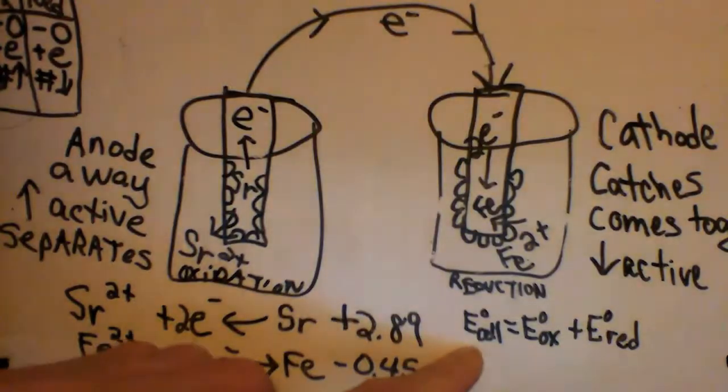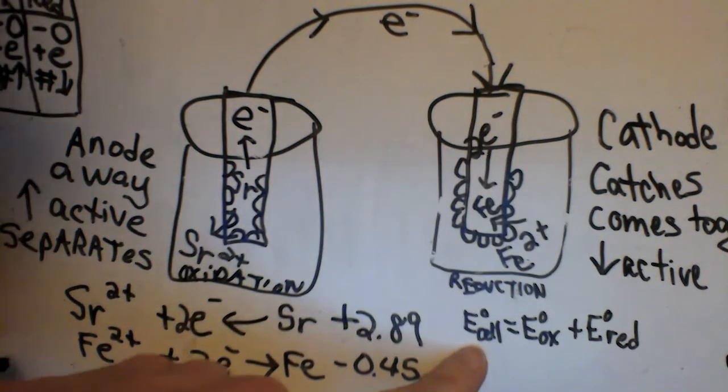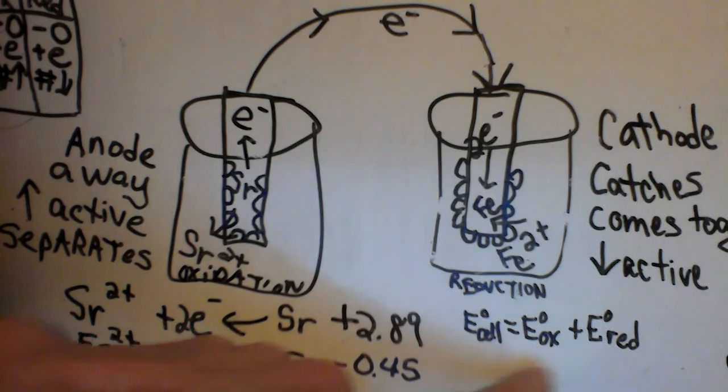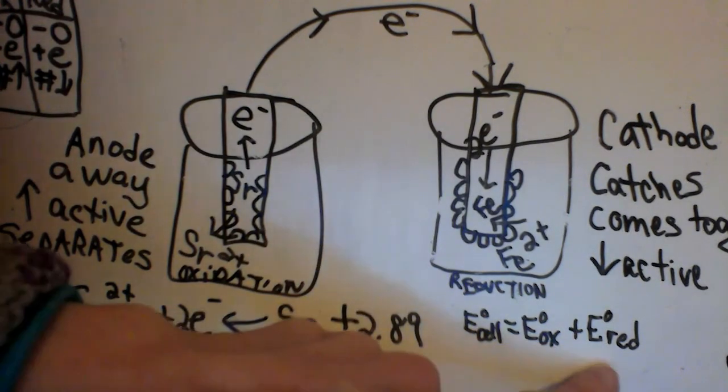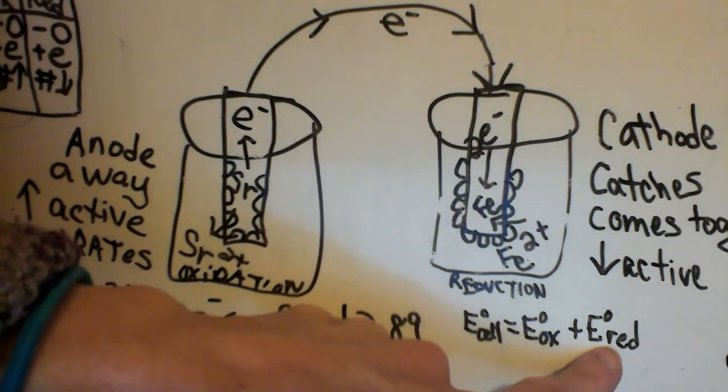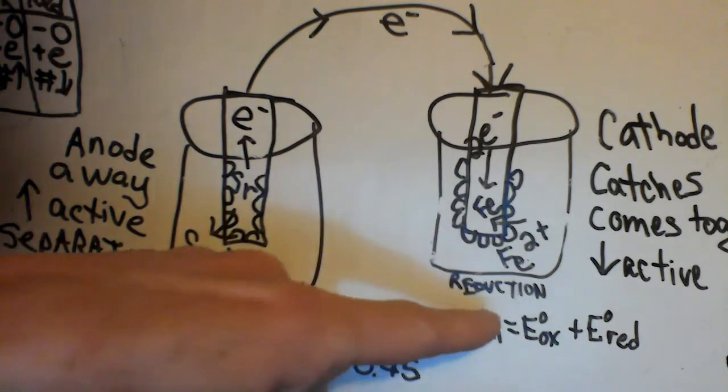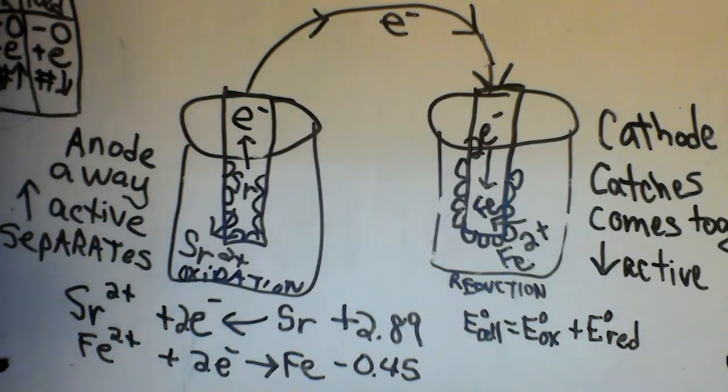So here's the formula. The standard potential of the cell is equal to the oxidation potential plus the reduction potential. The little degree sign, or the little superscripted o, just means that it's at standard conditions, standard temperature and pressure.